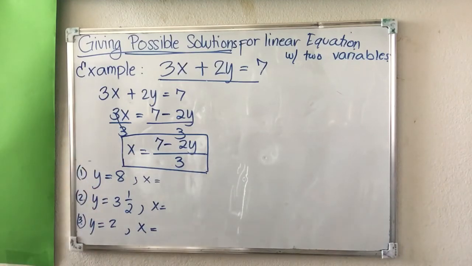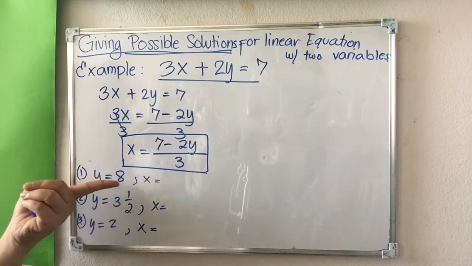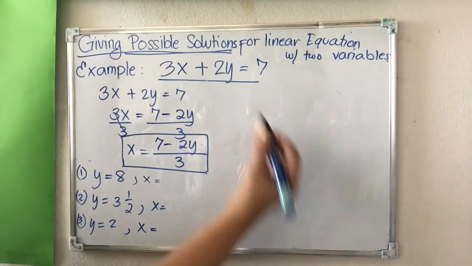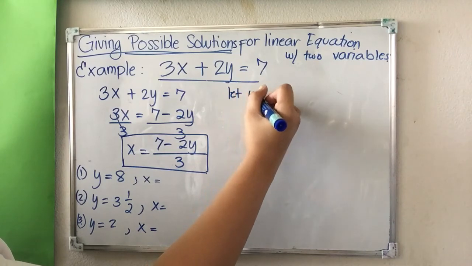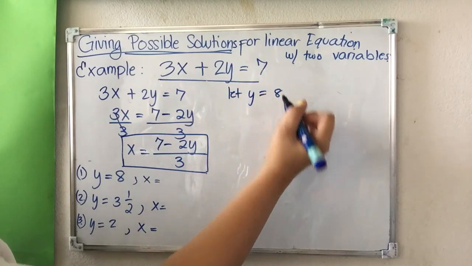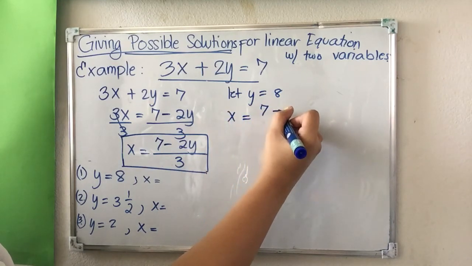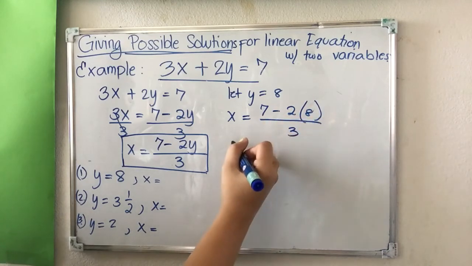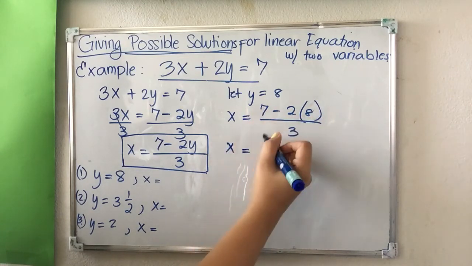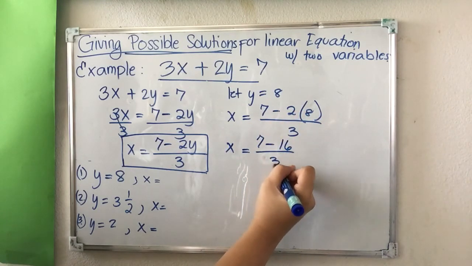So first equation, we find the x when y is equal to 8. Now, let y is equal to 8. So we have x is equal to 7 minus 2 times 8 over 3. 7 minus 2 times 8 is 16 over 3.